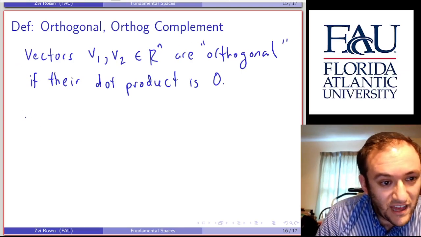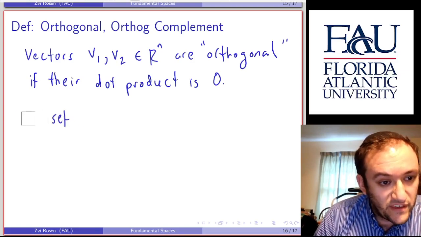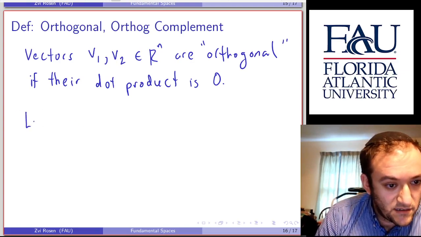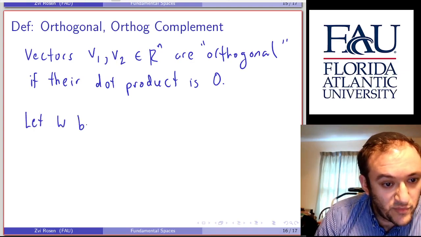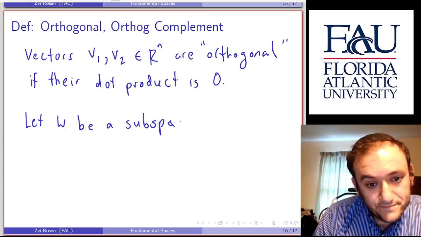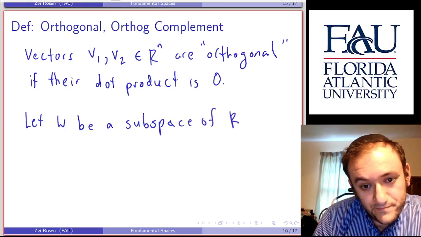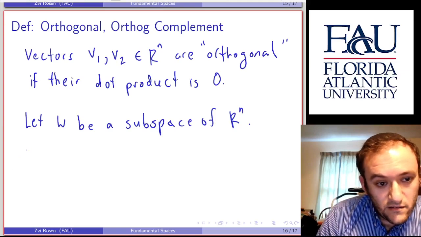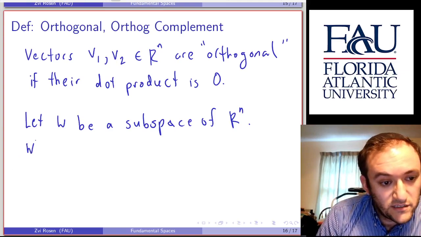The orthogonal complement is the set of all vectors. So if W is a subspace of Rn, then we define W perp.